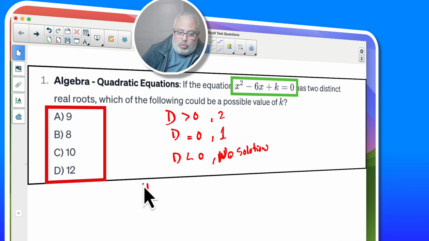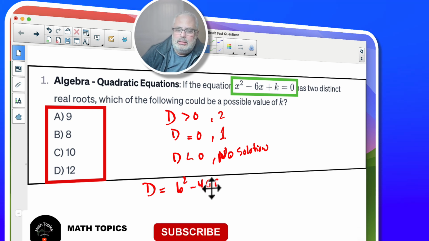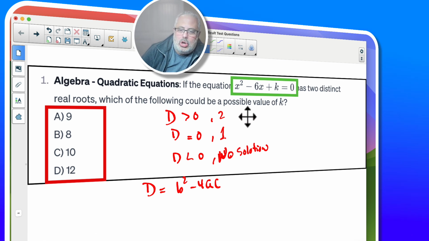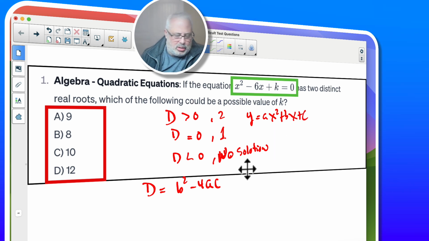The discriminant formula is b squared minus 4ac. I know that I have all the elements except c, because y equals ax squared plus bx plus c is the standard form of quadratic equations. a is the coefficient of x squared, b is the coefficient of the middle term, and c is, in this case, the constant, or k.